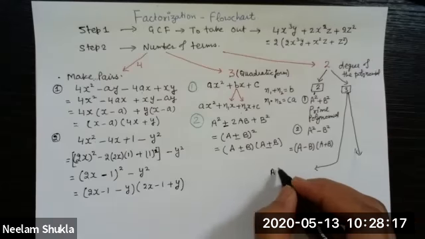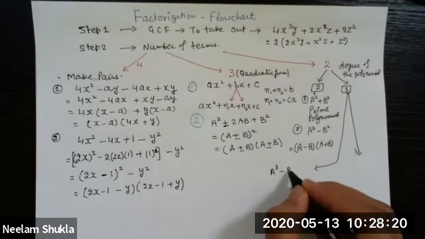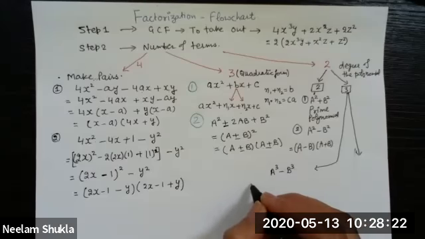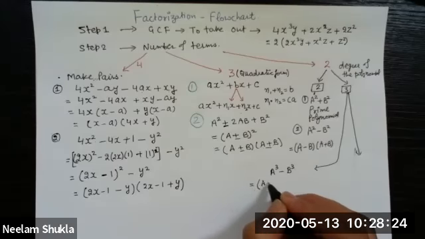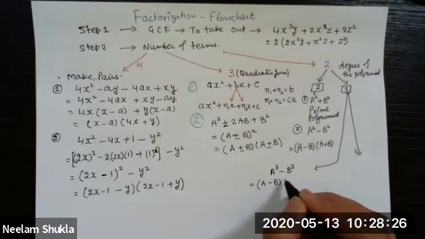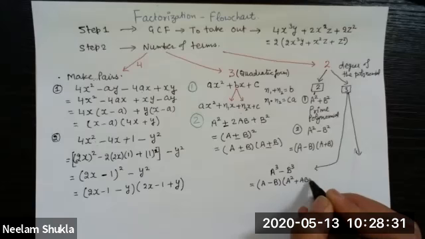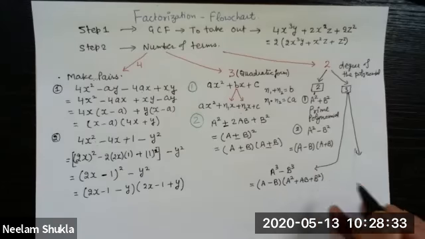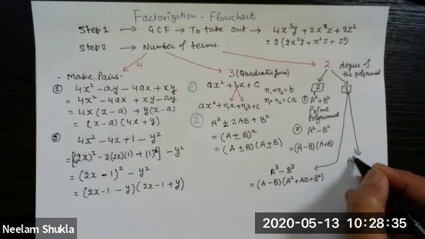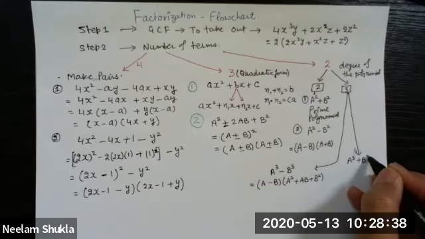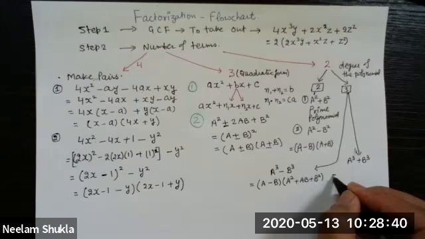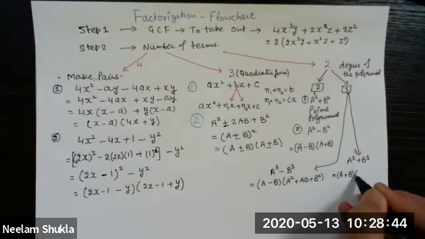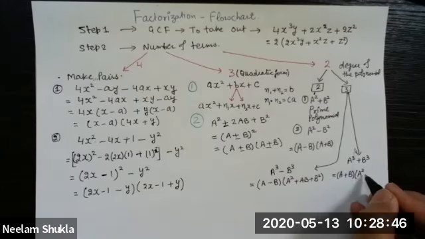So if you have a cube negative b cube expression, your answer will be a negative b times a square plus ab plus b square. And if you have a cube plus b cube expression, that could break into two factors, a plus b times a square negative ab plus b square.